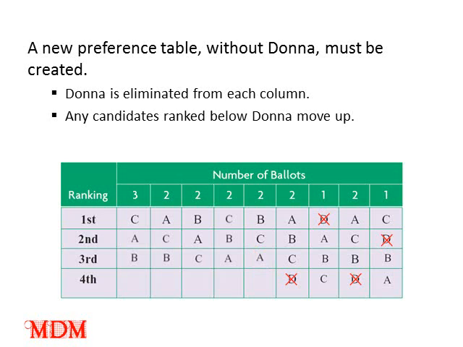In the fifth column, 1 moves up. In the sixth column, we just take Donna away. She was the 4th place vote getter. And then for the next column, all 3 candidates move up. In the next to the last column, we just eliminate Donna, and for the last column, 2 candidates move up.